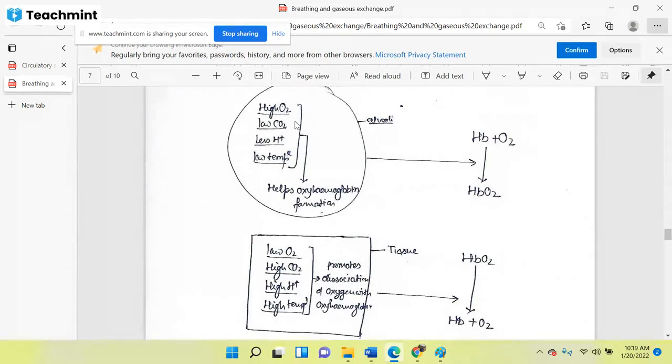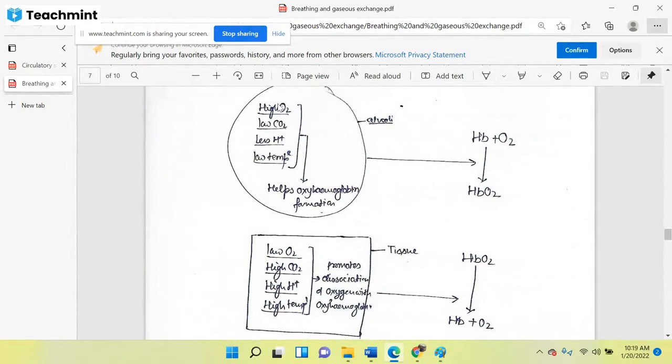Here you just see high oxygen or partial pressure of oxygen, low CO2, less H plus, meaning less hydrogen ion concentration, and low temperature. All these conditions promote the binding of oxygen to hemoglobin.